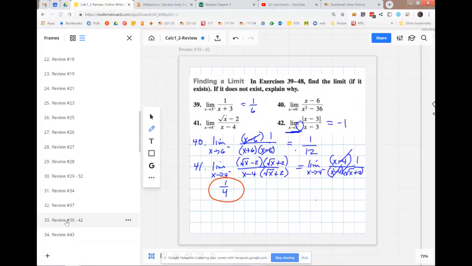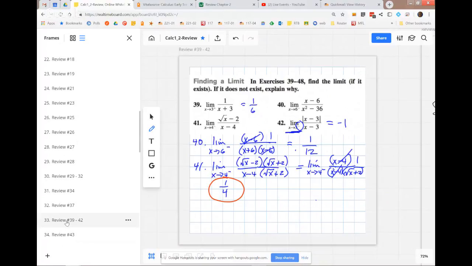Can you tell what I did? So I can't substitute, right? I can't plug in x is 4 because we have an x minus 4 on the bottom. So what am I going to do? It's got a root in it, so I have to use the conjugate method.